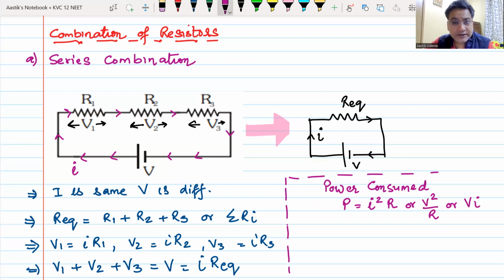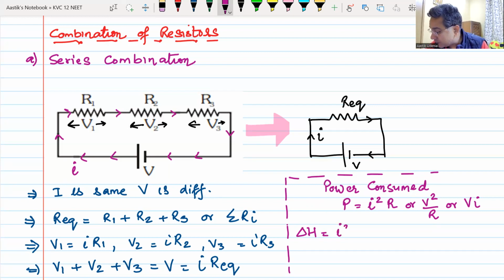Now, if they ask you how much is the energy consumed, how much is the energy given out in the form of heat, then you can write it as delta H, and that energy given in the form of heat will be power multiplied by time.